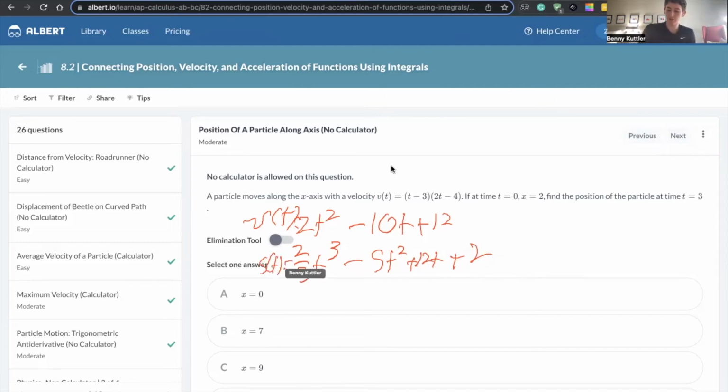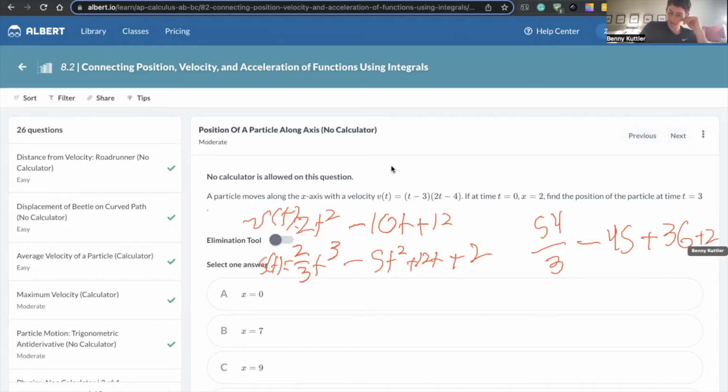We're trying to find the position of the particle at time t equals 3. So we just plug in 3. 3 cubed, 27 times 2, 54. 54 over 3, that's divisible by 3. Minus, that equals 3, so 45, plus 12 times 3, 36, plus 2.